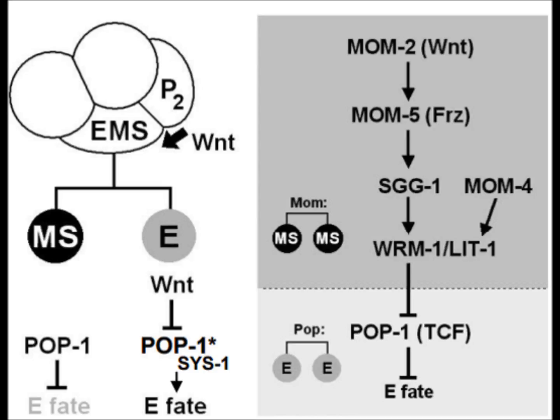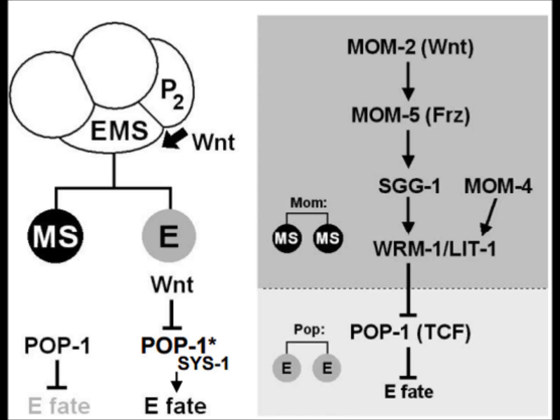Now, looking at the flowchart on the right, MOM2, which is Wnt-like, and MOM5, which is the frizzled receptor, are both a part of the general Wnt pathway shown previously and receive their names from their mutant phenotypes, so more of MS. This pathway points specifically to the role of Wnt signaling in repressing the MS fate.